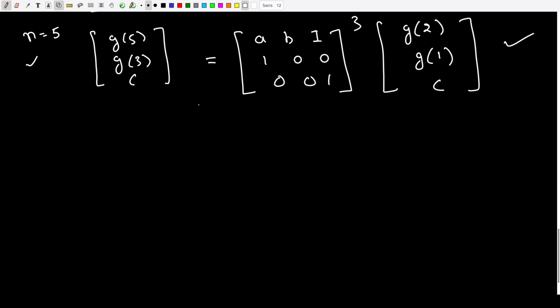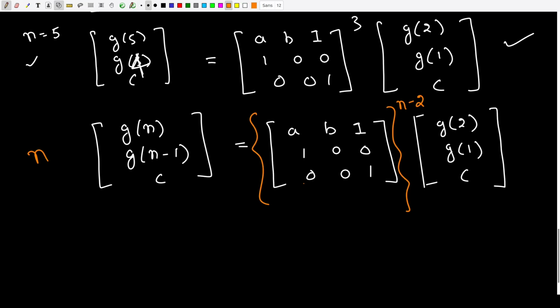So from here we can deduce a generalized equation, which is if we want to compute the value of Gn, then Gn will be equal to, sorry guys, this is 4. There is a correction over here. Please note this is 4. So in this way, we will be able to generalize the equation. In order to find the value of Gn minus 1 and C, we have to take this base matrix with us.